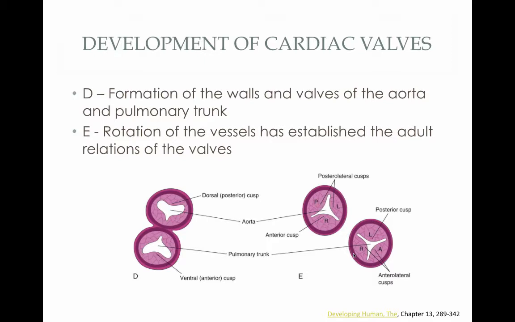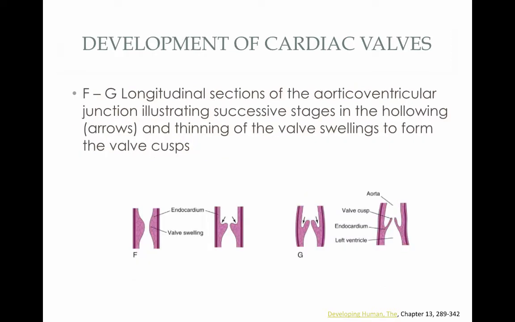Here on the pulmonary valve, we're going to have anterior, left, and right cusps. As this keeps twisting, or rotating, this is the rotation for the adult. In echocardiography, we're going to see that opposite, as we look at the rotation and relationship of those valves.